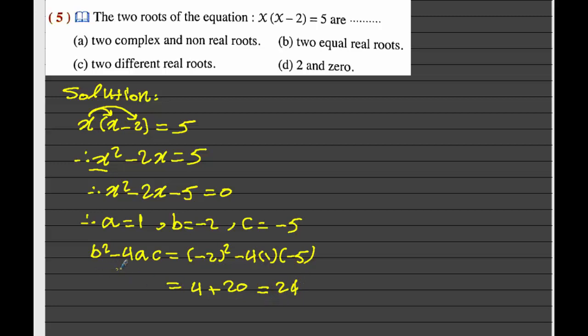So the discriminant here equals 24, so it is greater than 0, it's positive. So the equation has two different real roots, and we choose letter C.